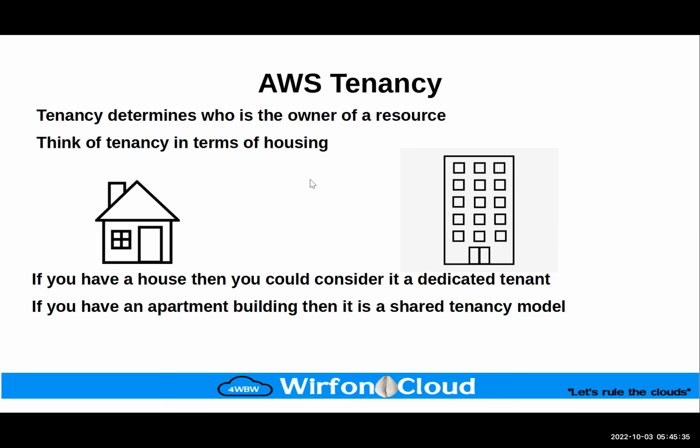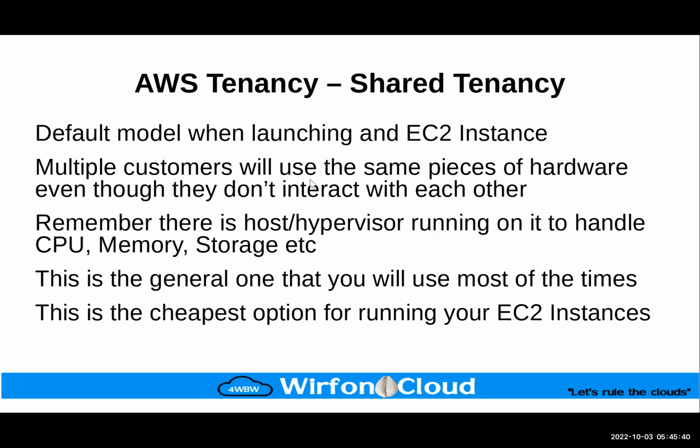You share tenancy with other tenants, if I can call it that. AWS shared tenancy is the default model when you're launching an EC2, yeah? Here multiple customers use the same piece of hardware, even though they don't have to interact with each other. And remember there is a host running on it to handle the CPU, memory, or storage that goes to each guest operating system.